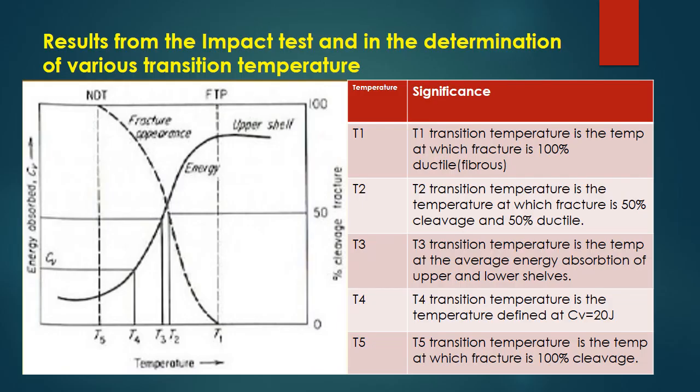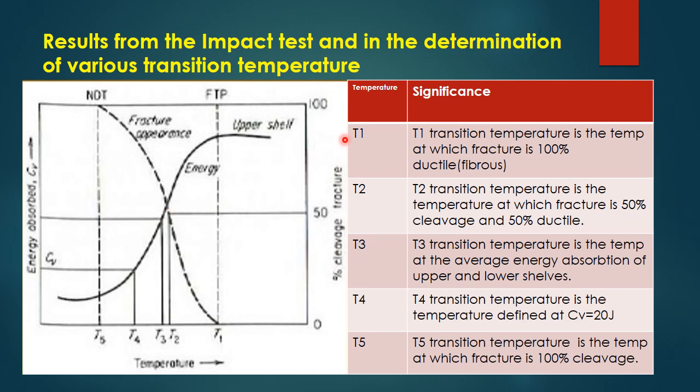The fracture toughness of the steel is plotted at various temperatures, and you can see the energy absorbed is different for various temperatures. So from the graph you can see that there are different types of transition temperatures.